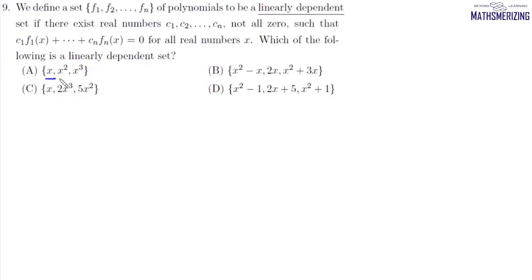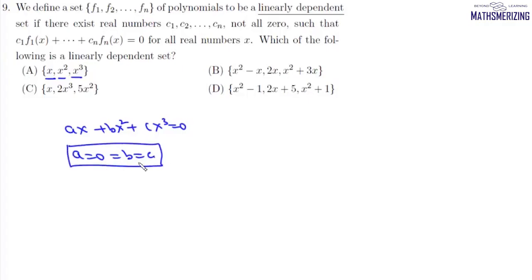Now if we look at this expression, we know that it is linearly independent, because if I put ax plus bx square plus cx cube equals 0, and if it is an identity in x, then clearly I'll get a equals 0, b equals 0 and c equals 0. So all the constants in this case will be 0. So this set will be linearly independent. Here also, when I see this x, x square and x cube, they must be linearly independent.